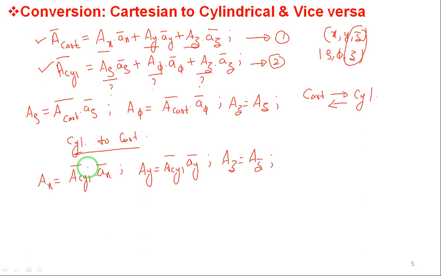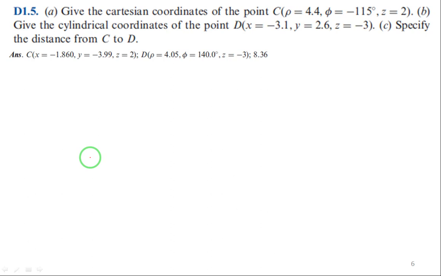We will solve a few numericals so that you will understand that. Give the Cartesian coordinates of the point C, given in rho, phi, z: rho is 4.4, phi is minus 115 degrees, and z is 2.